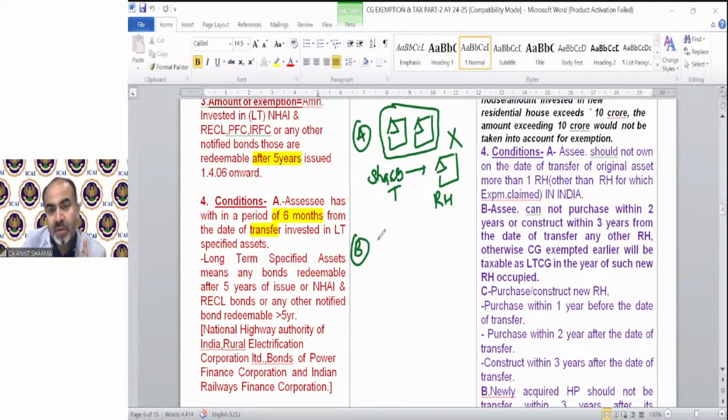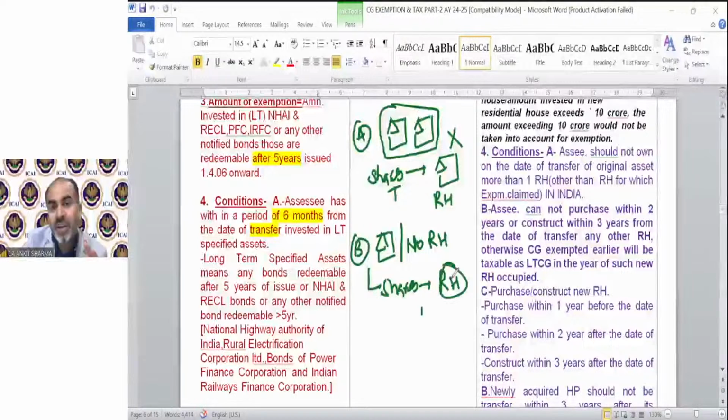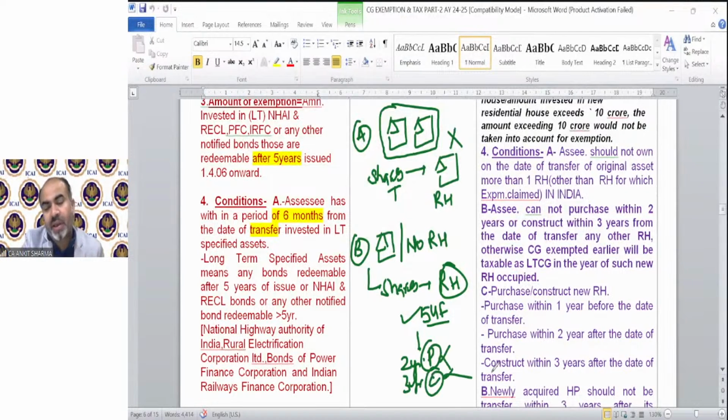Condition B says you have one residential house or no residential house, but now you transfer shares, purchase a new residential house and claim exemption under section 54F. That is allowed, because you have only one or no residential house. But once you claim the exemption, for the next 2 or 3 years you cannot purchase or construct any other residential house. If you do so, then the exemption you have claimed earlier is going to be taxable again.